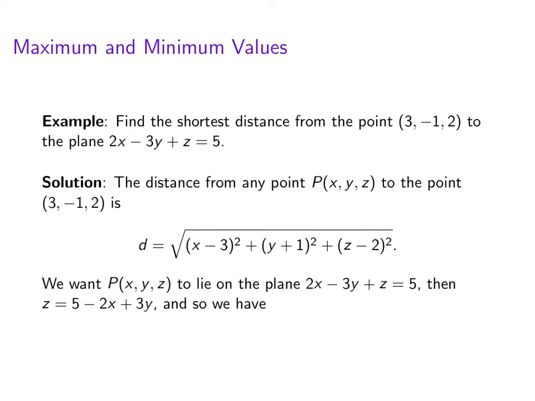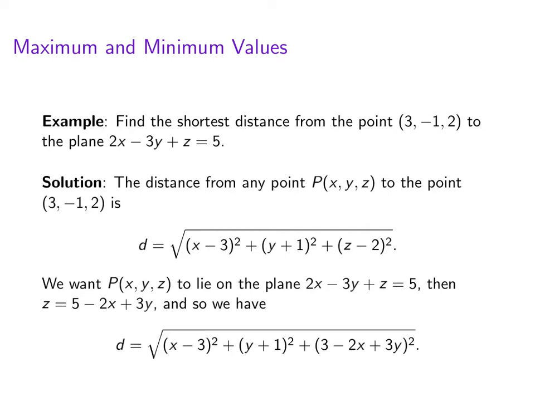Now let's substitute that into this expression for the distance, and we'll get this. So basically what we've done is we've replaced this z with 5 - 2x + 3y and then simplified that expression. So now our distance is really just a function of two variables.